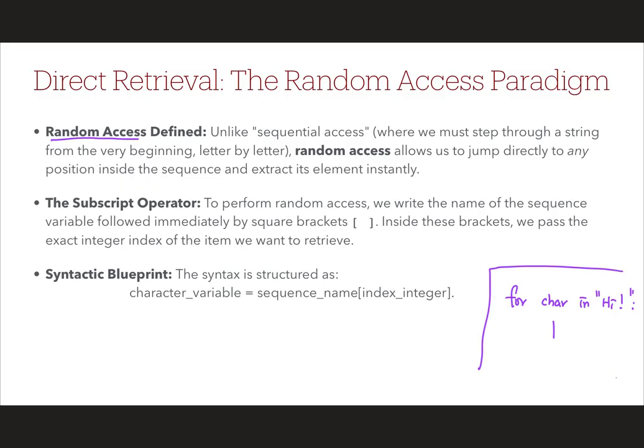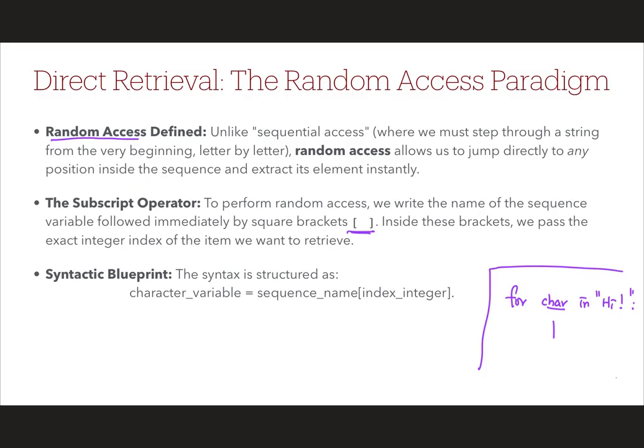So unlike sequential access, which we encountered in this for loop, where the character is accessed from the first item to the last item, random access allows us to jump directly to any position inside the sequence. If you want to specify the element corresponding to a specific index value, we use the square bracket, and inside the square bracket you specify the index value you want to consider.